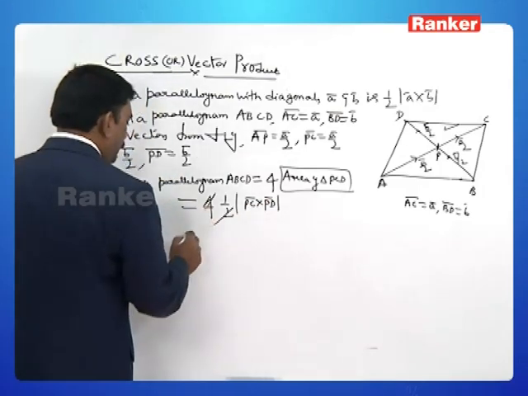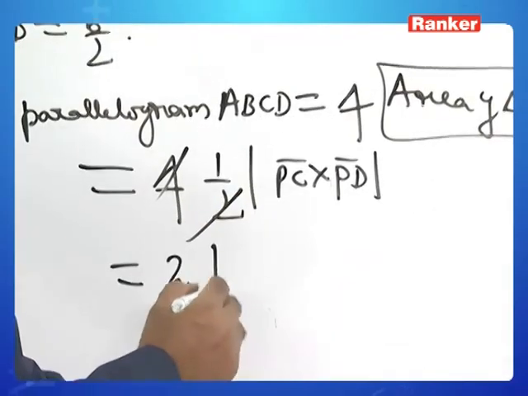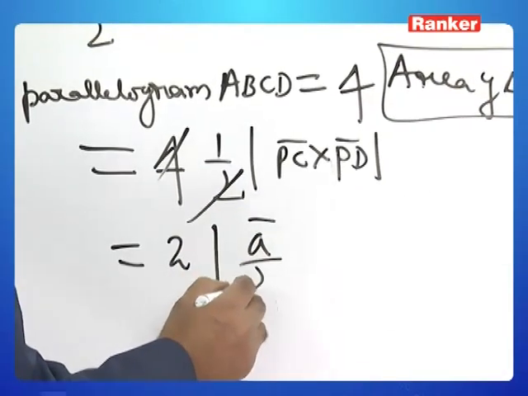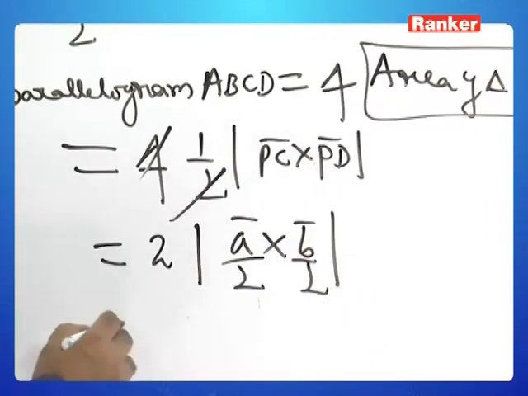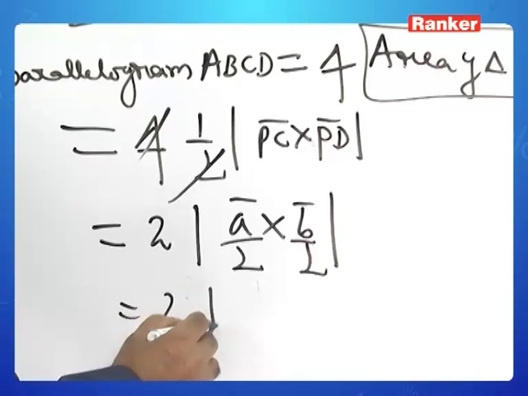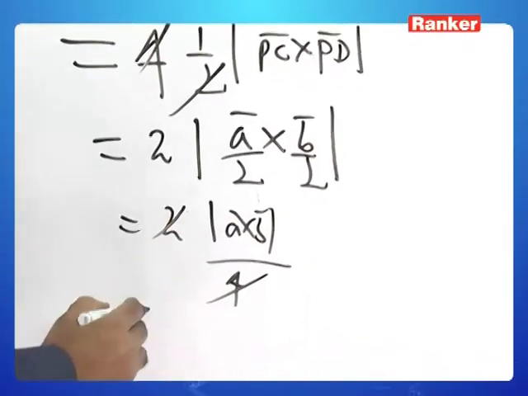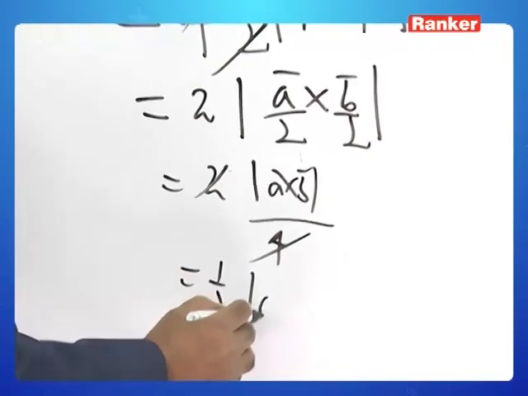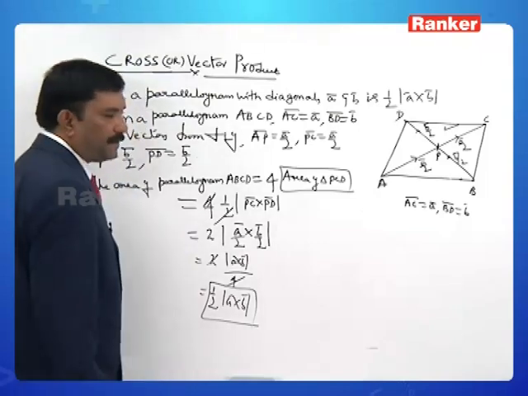Substituting them, I can have 2 into A bar by 2 cross B bar by 2. I can write 2 into A bar cross B bar by 4, the 4 gets cancelled, therefore half into modulus of A bar cross B bar.